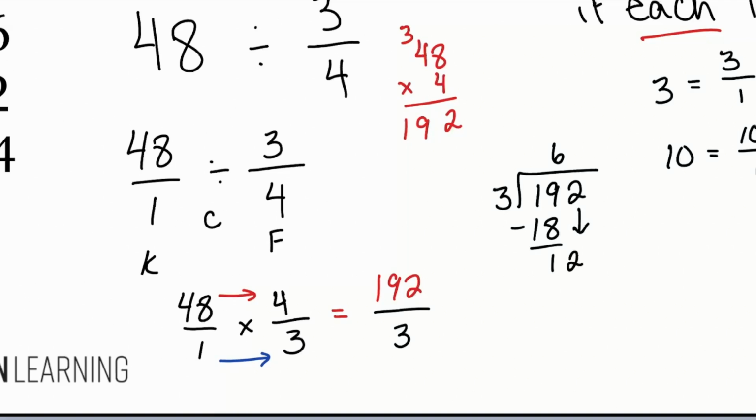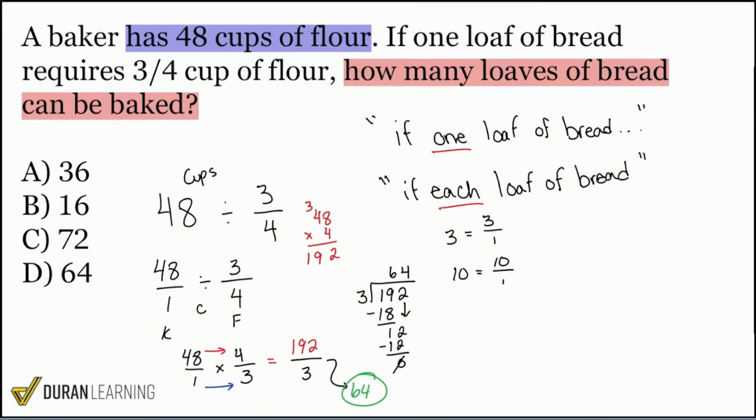So we have 12 now. Everyone, 3 goes into 12 how many times? Correct, that'll be 4. So 3 times 4 gives us 12. There we are, and we have 64. And there is our final answer: 64 loaves of bread can be baked.